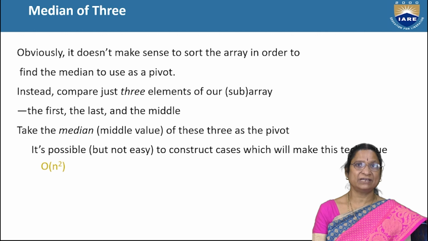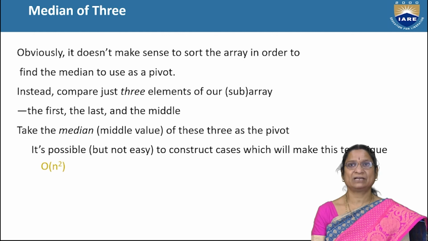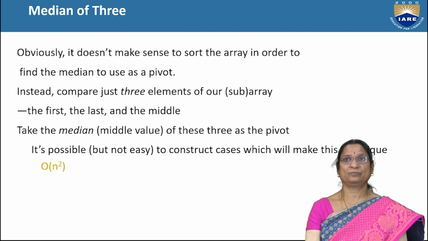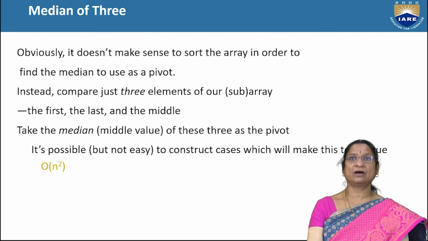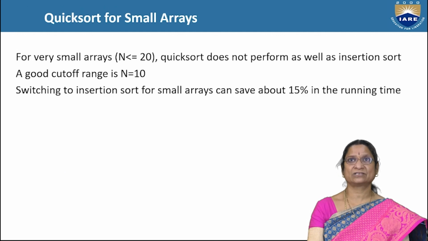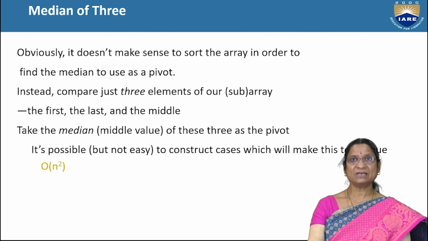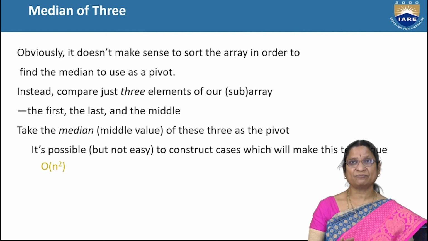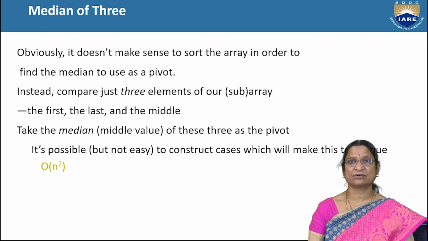So generally we take 3 elements, first, last and middle element. The median of these three elements can be considered as a pivot element. Sometimes it may result in an effective analysis of the quicksort actually. So choosing of a pivot element also affects our analysis of the quicksort.